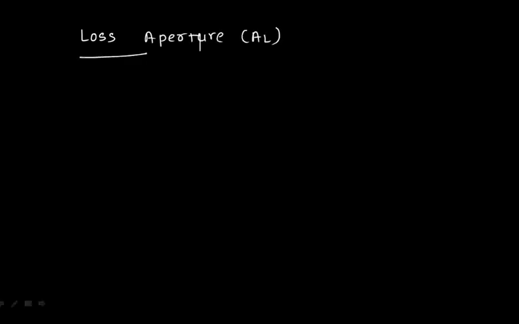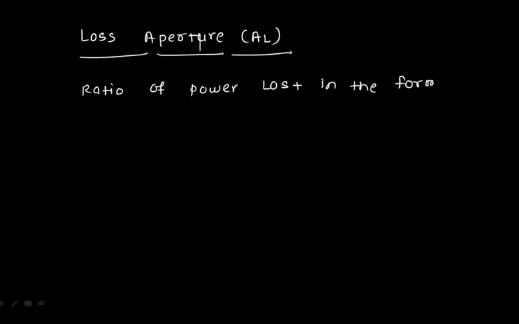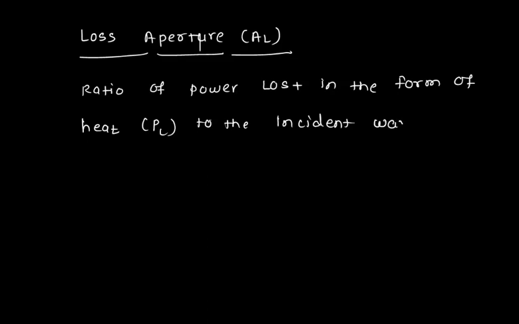AL is the ratio of power lost in the form of heat, denoted by PL, to the incident wave power density, that is WI.